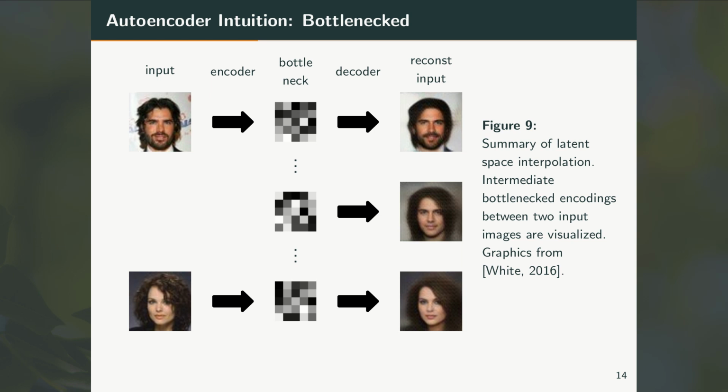So we're going to stick beard guy through the encoder portion of our autoencoder. It's going to generate a bottlenecked representation for us, and then we're just going to do a linear interpolation between the bottlenecked encoding of beard guy over to the bottlenecked encoding of this brown-haired woman, and we're going to use the decoder to visualize our progress along the way.